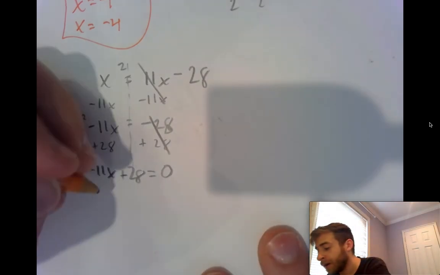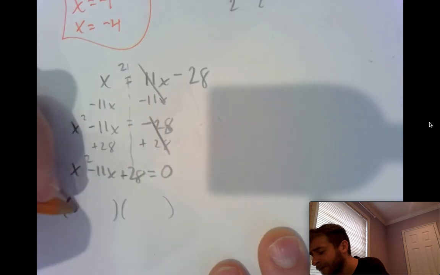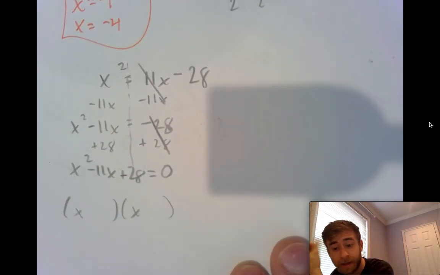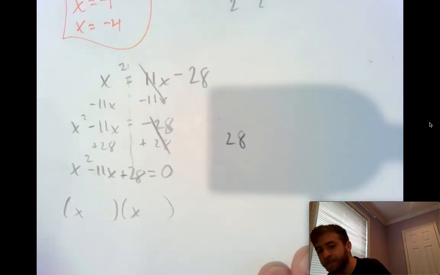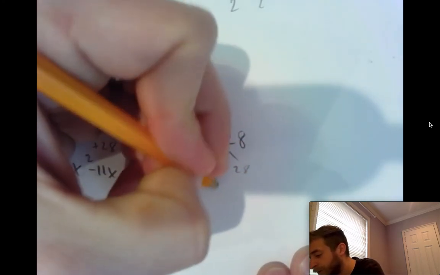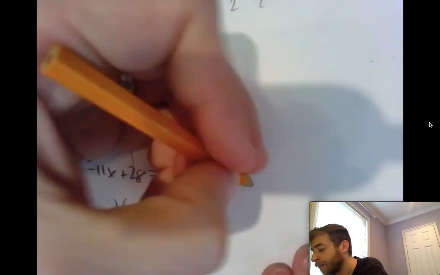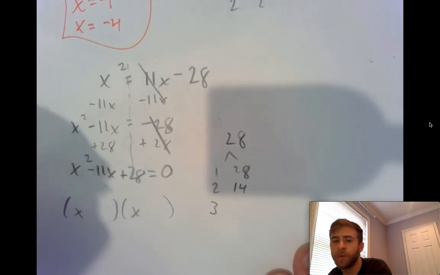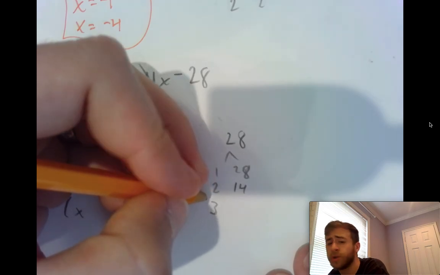And now we can go about actually factoring this. Let's get to it. So 2 numbers that multiply to a positive 28 and add to a negative 11. I think I'm going to have to list the factors out. Ooh, sorry for bumping the mic. So 28, it is, obviously 1 and 28. 2 has to work because it is an even number. 2 and 14. 3 doesn't work. 4 should work.